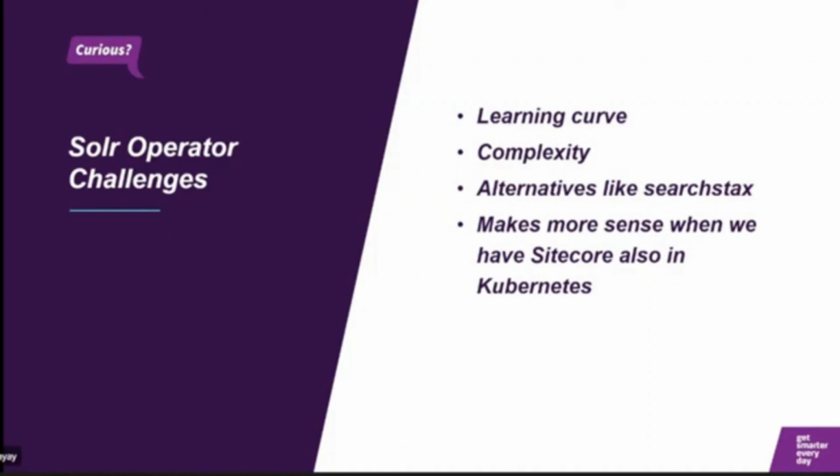And like I mentioned when I was talking about Searchstax and Coveo, if you have a very big website or a lot of websites in one Sitecore instance, then it might be better to go with Searchstax.